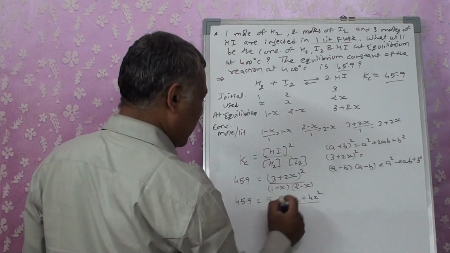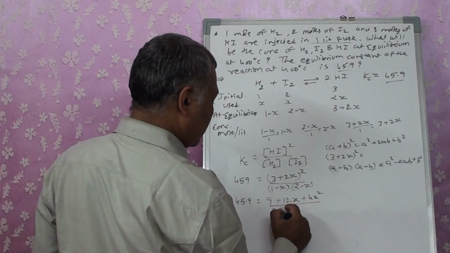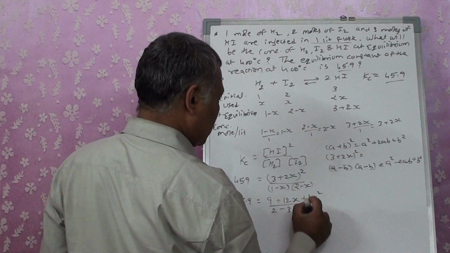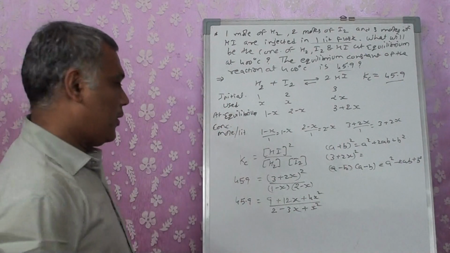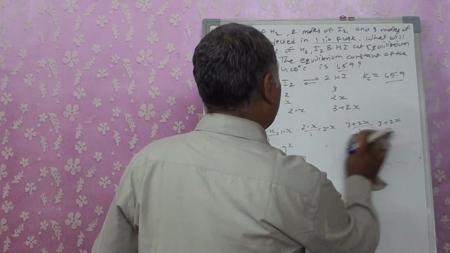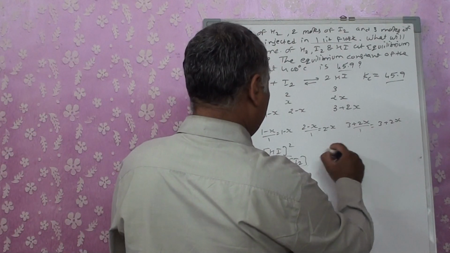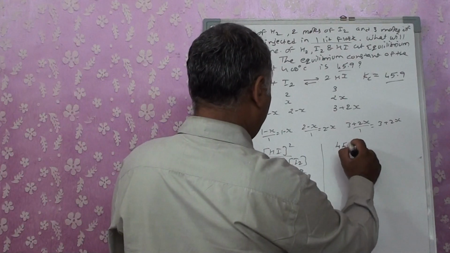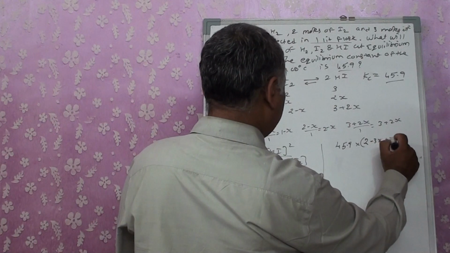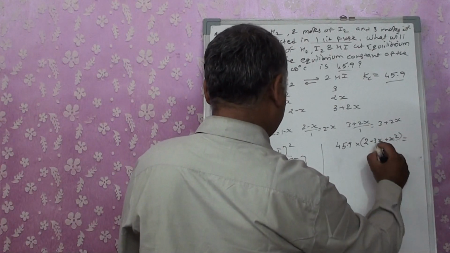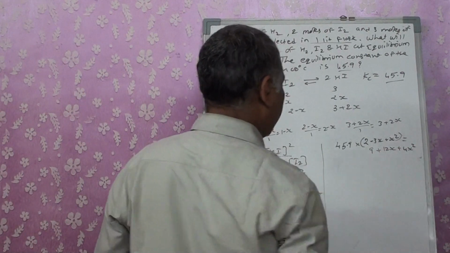So we get 1 times 2, minus x, minus 2x, that is minus 3x, plus x square. Right? We get this value. Now making it as mathematics, we get 45.9 into (2 minus 3x plus x square), that is equal to 9 plus 12x plus 4x square.